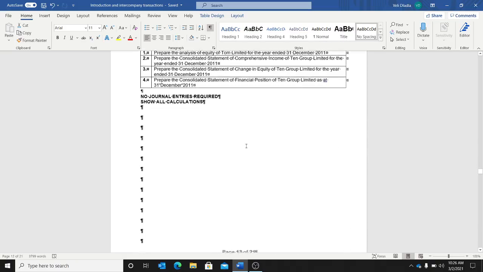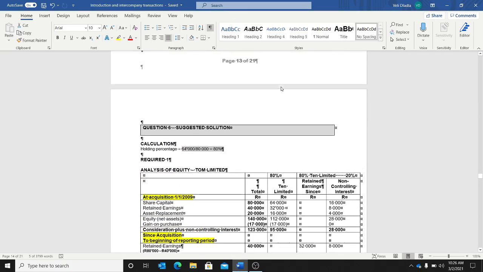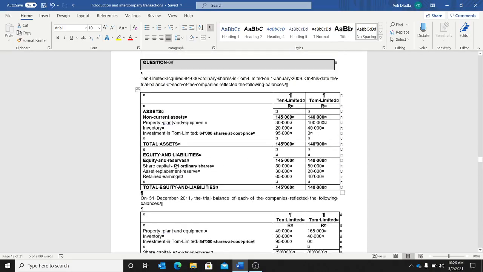Now, let's deal with this. 64,000 out of 80,000 shares is 80%. So we are talking about this part here. You can see one ordinary share gives you 80,000, meaning there's 80 shares at one rate.